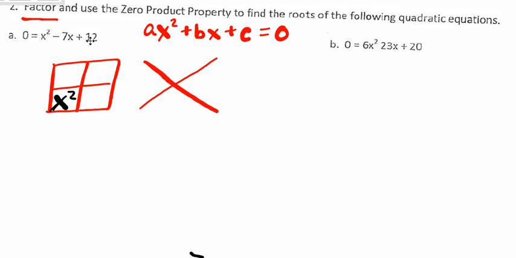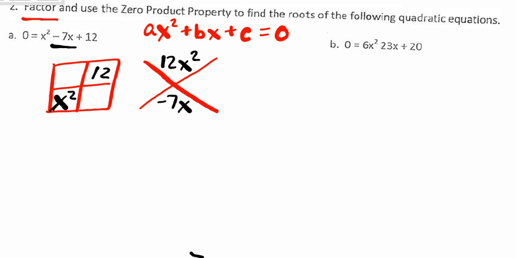In the opposite corner, I put the c term, in this case it's 12. I multiply the two of those together to get 12x squared, and I put that at the top of my diamond. At the bottom of my diamond, I put the bx term, which is negative 7x.